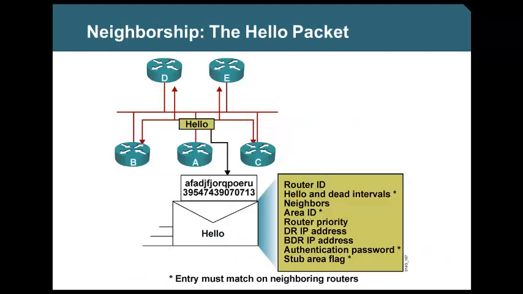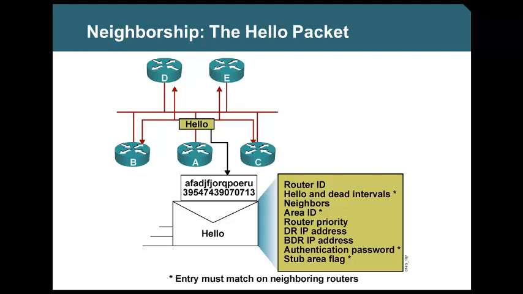Now, when you capture a hello packet, these are all the info you can see inside a hello packet. You see, without hello packet, neighbors cannot be discovered. The parameters that have got the marking, the star, like area ID has got star.